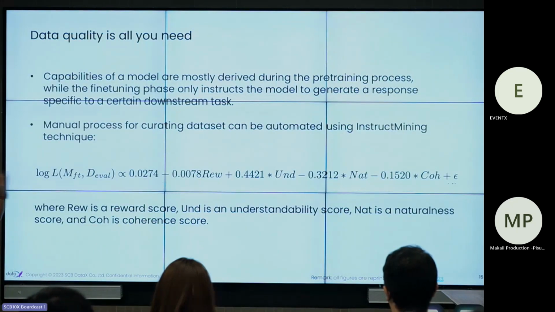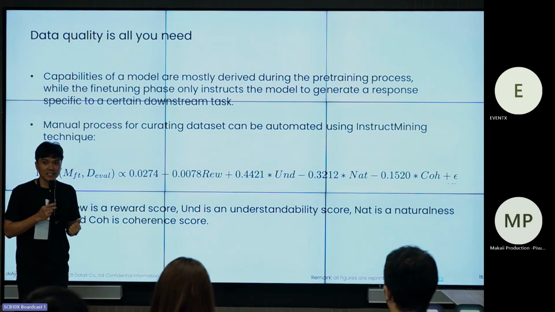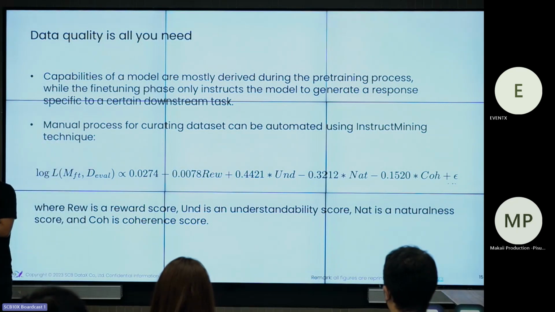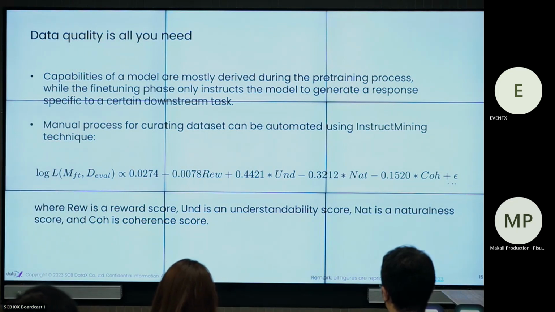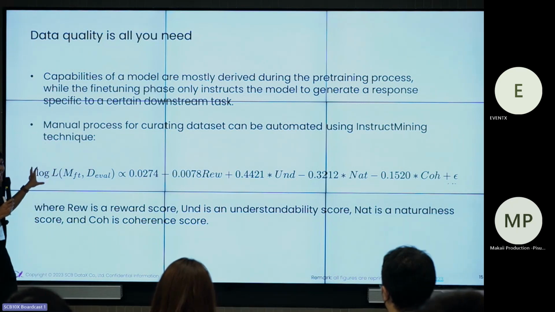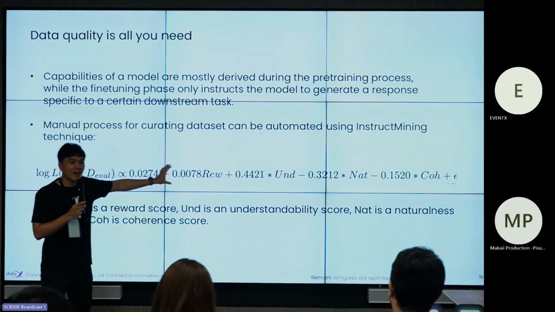To summarize what happened so far, the capability of the models is mostly derived during the pre-training process. What it does in the fine-tuning process is just alignment with the specific use case. And this is just a suggestion: the process to curate the high quality data set may be calculated from this formula.